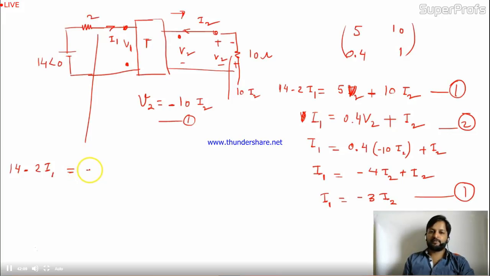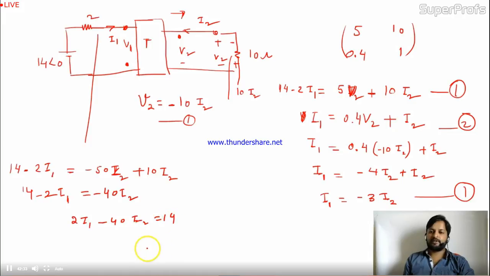V2 is given over here, so can I write it? Minus 50 I2, yes, I can, plus 10 I2. 14 minus 2 I1 equals minus 40 I2. Right? So 2 I1 minus 40 I2 equal to 14.